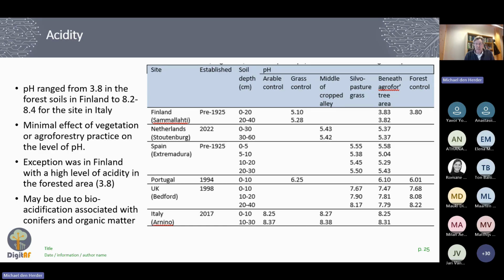That causes high acidity, and then the organic material decomposes much more slowly, so that's why we see these high amounts of soil organic carbon. But agroforestry didn't have a big effect on pH.